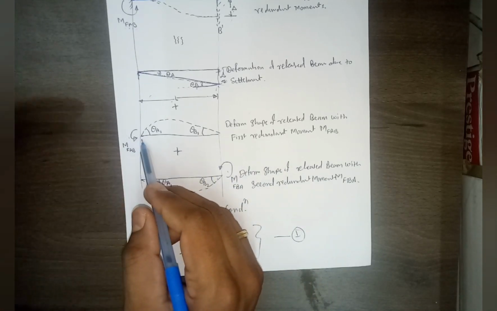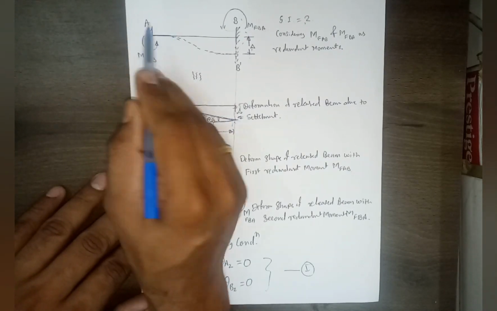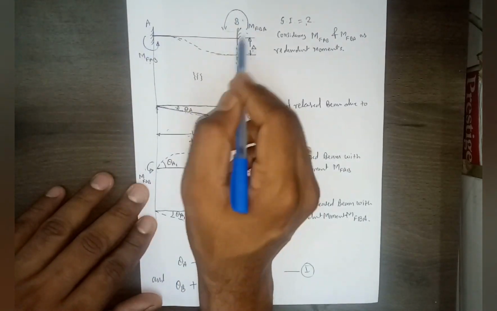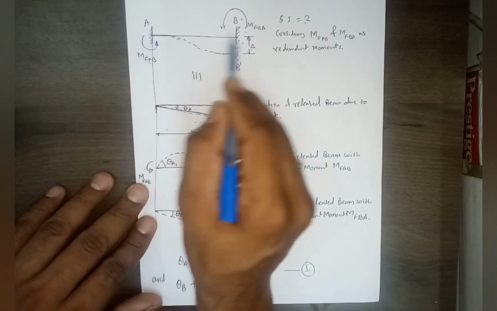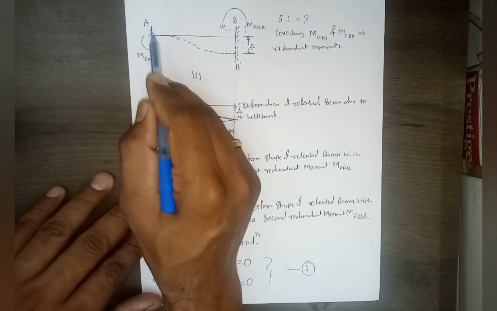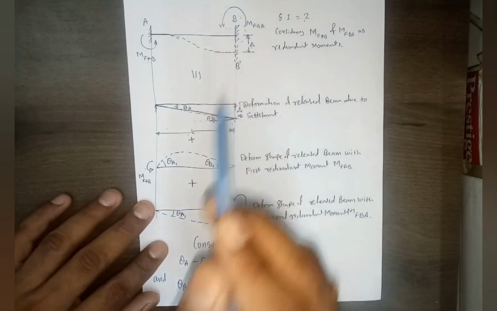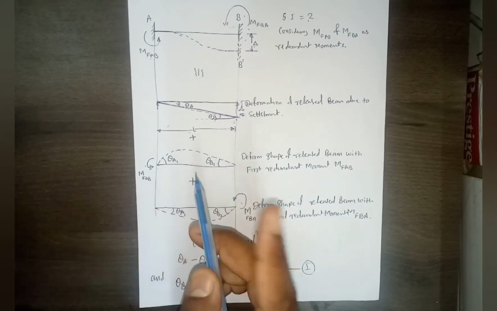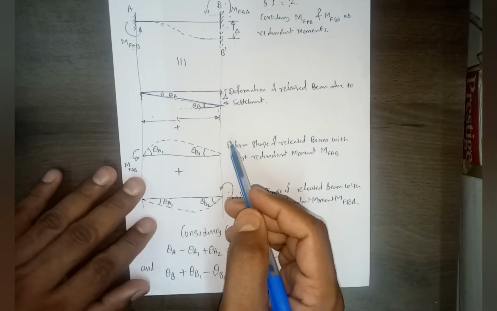If you remember in the previous case, this moment was opposite in nature, and this was opposite to that. Here also it is opposite, but this is a clockwise moment and this is an anti-clockwise moment. In the previous problem it was clockwise, this was anti-clockwise, and this was clockwise.